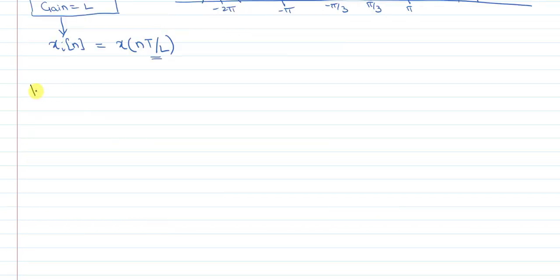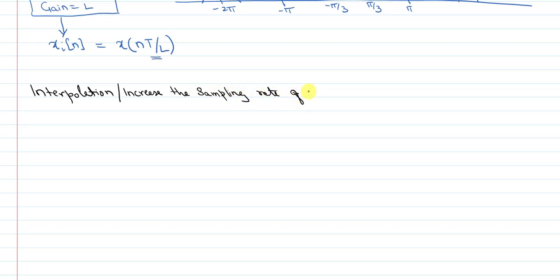So the derivation is that if you want to do interpolation or increase the sampling rate of a sequence, the way to do that is the following.